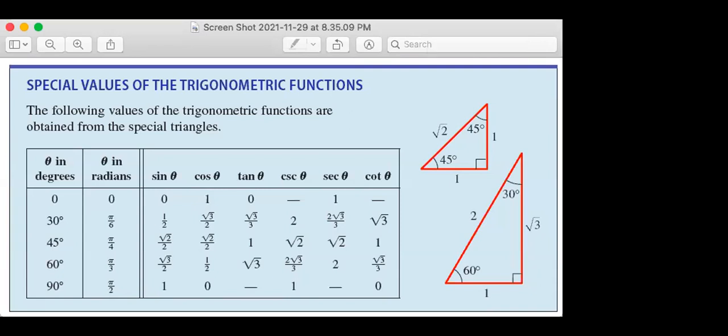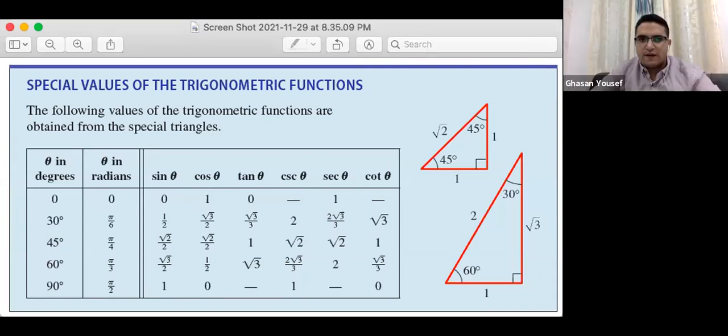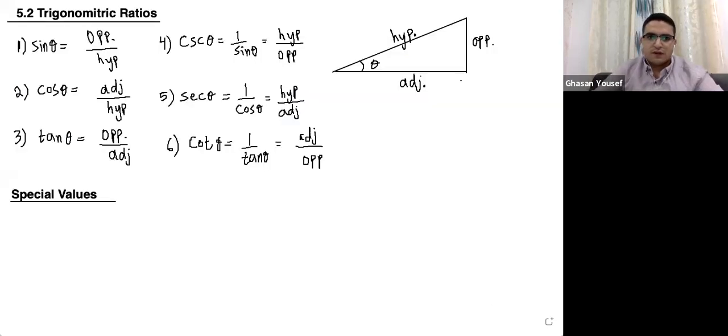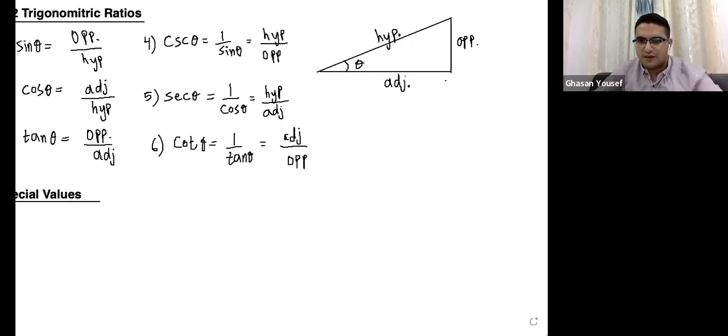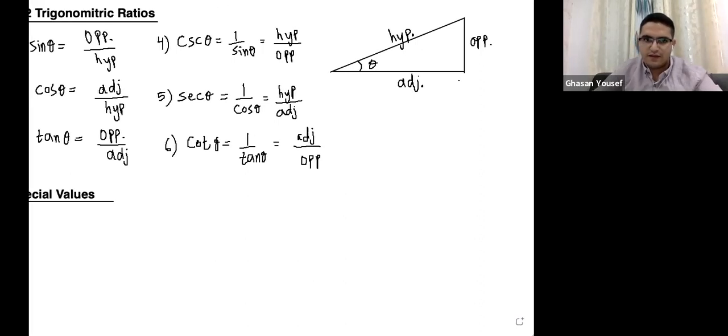Okay, so now let's go back here. The special values, like the table for the angles.